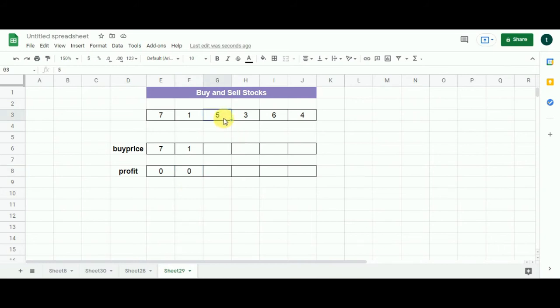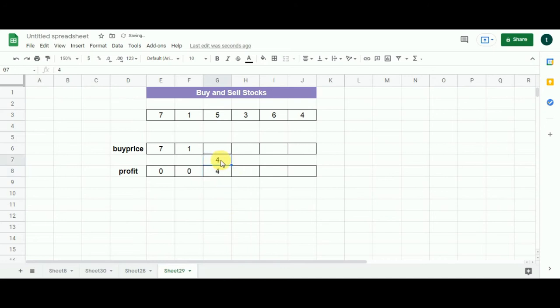Moving to day 3, we have the price as 5. So if we buy the stock at 1, which is given by our previous subproblem, and sell it at 5, then the profit we obtain will be 4. Now between 4 and our previous profit, or the running profit, 0, which is maximum? 4 obviously. So I put 4 in this cell of the profit array.